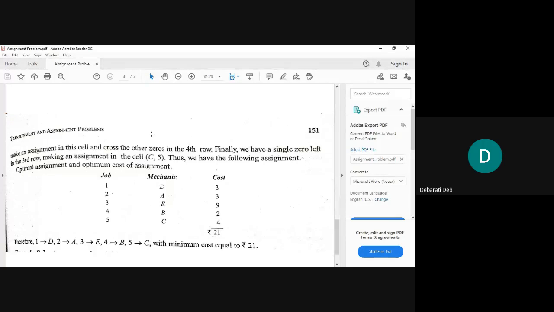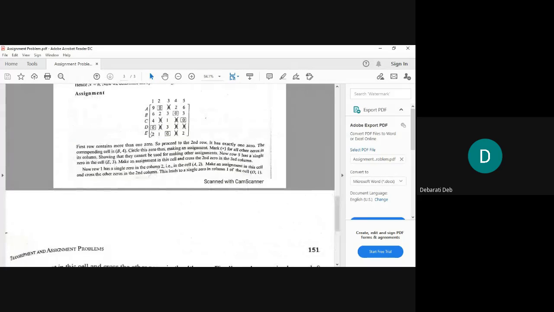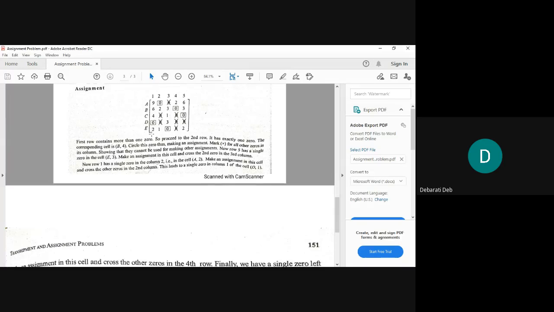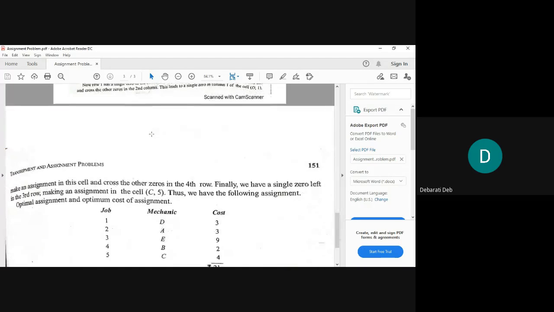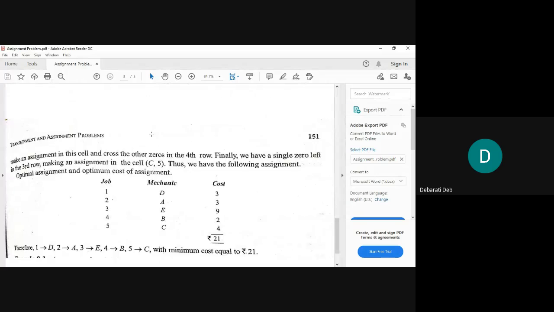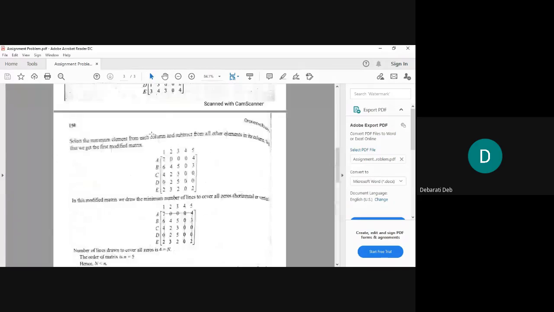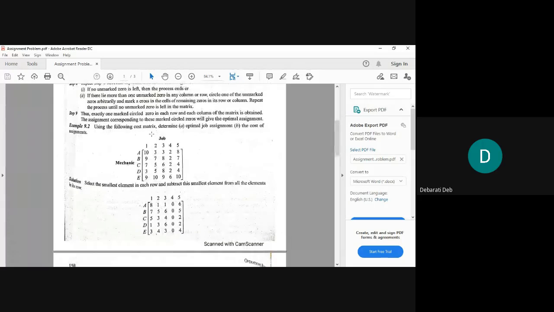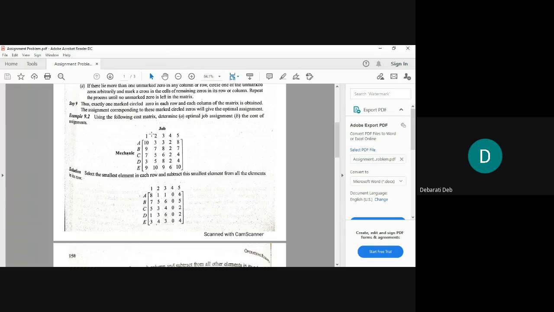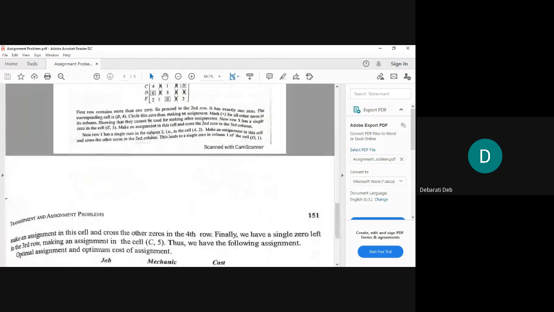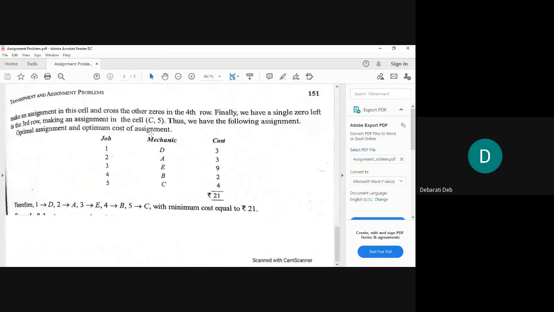Then you will take the cost from the given matrix, that is, from the problem matrix. You will not use the modified matrix, but the problem matrix which was originally given to you. From there, you will write the cost, match it, and then add all the costs. Okay, do it.